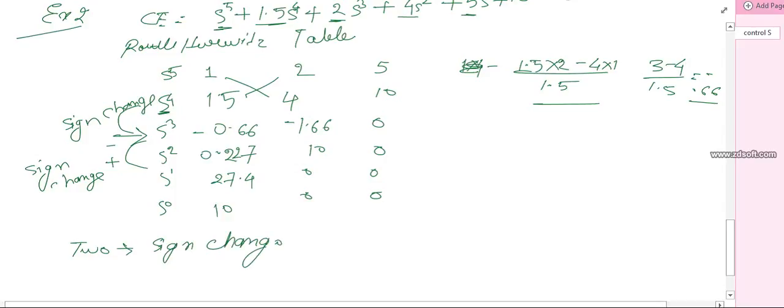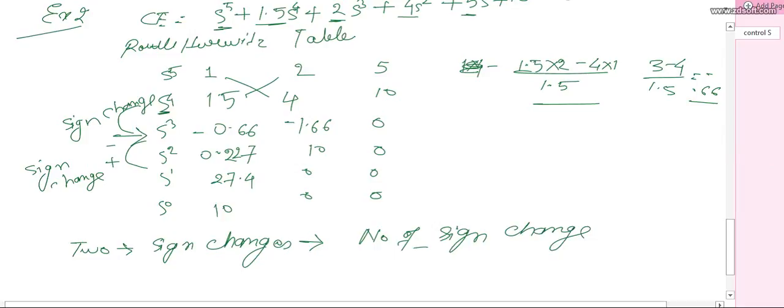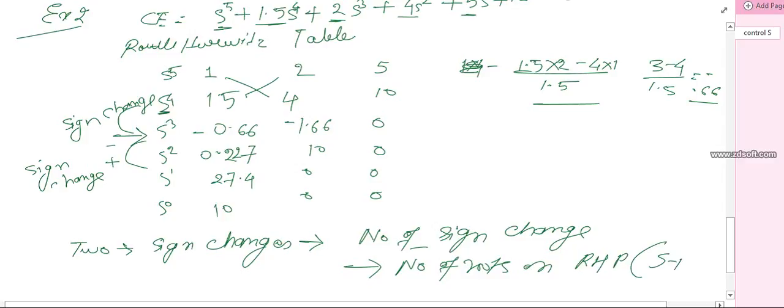And what does that mean? Number of sign changes means number of roots on the right half plane. What plane? S plane.